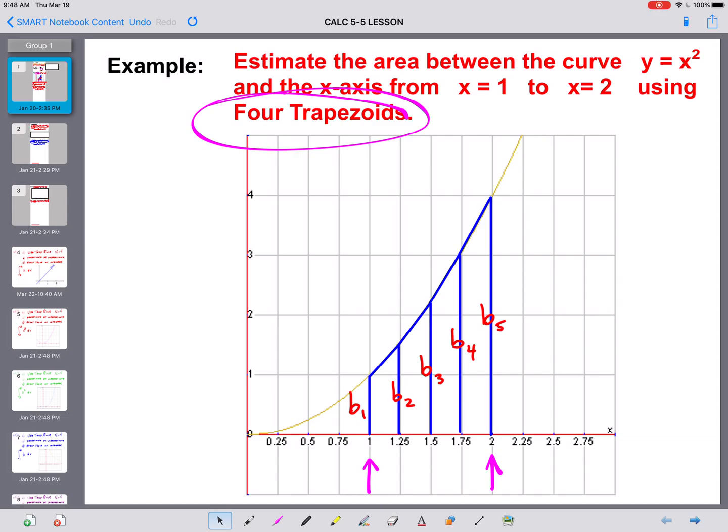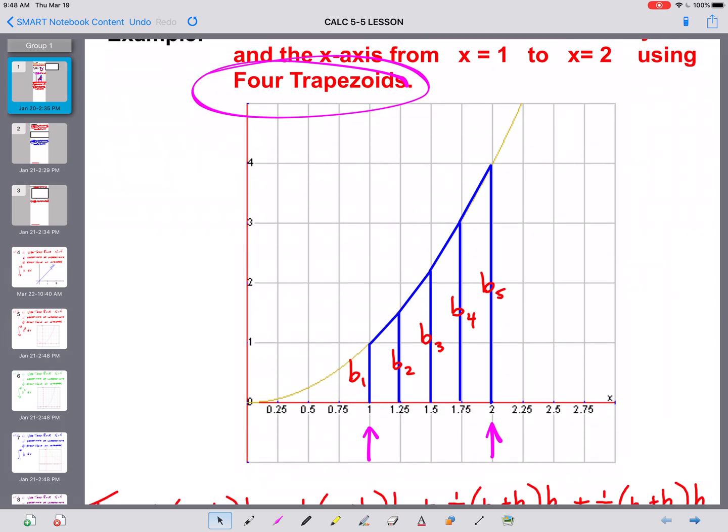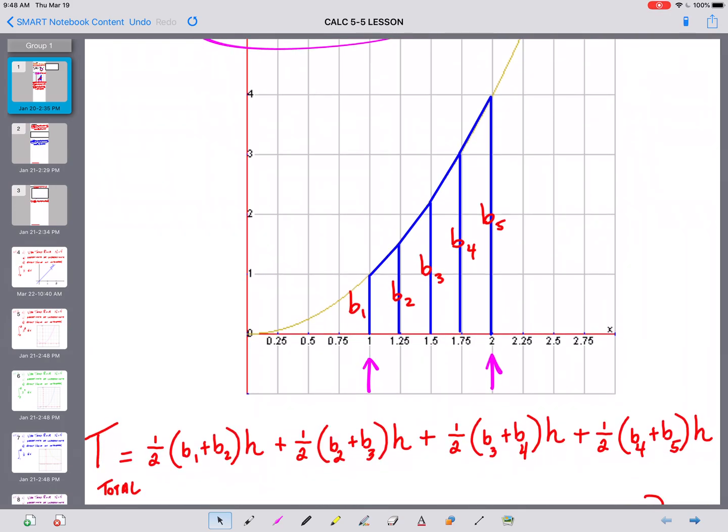Now, let's estimate the area under that curve. I'm going to have 4 trapezoids, so let's add those areas. Here's what I did. There are the 4 areas: the first trapezoid, the second, the third, and the fourth. Now, what's common to each one of those terms?